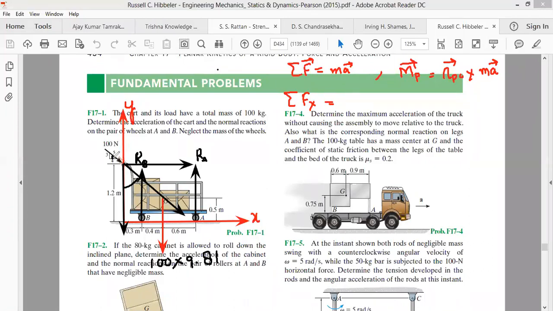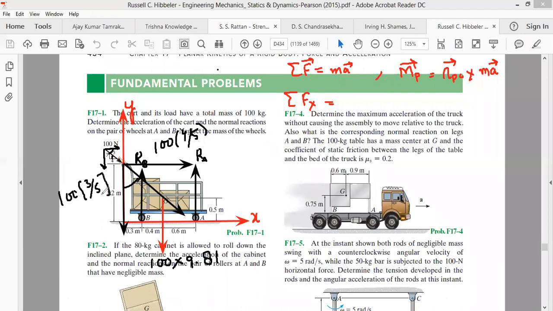Therefore we have to find its component in this direction and in this direction. This angle and this angle are vertically opposite, so the component in this direction will be 100 cos theta, that is 100 into 4 by 5, and the component in this direction will be 100 sin theta, that is 100 into 3 by 5.